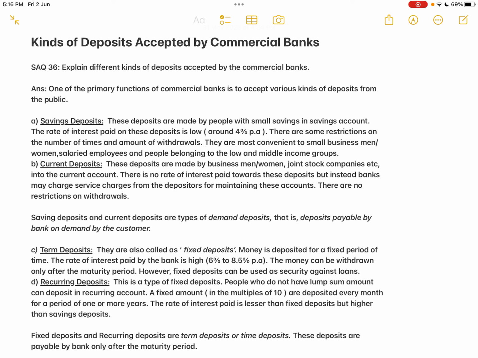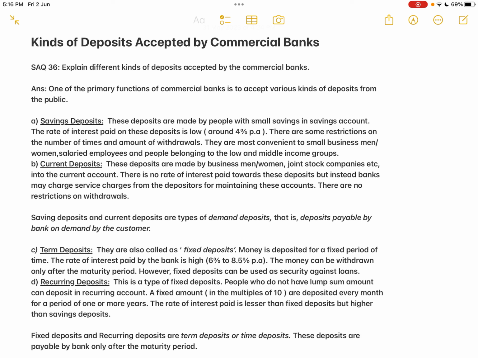These deposits are made by people with small savings in a savings account. The rate of interest paid on these deposits is low, around 4% per annum. See, this is not a fixed rate of interest. According to the circumstances, the Reserve Bank of India will change the rate of interest. There are some restrictions on the number of times and the amount of withdrawals.